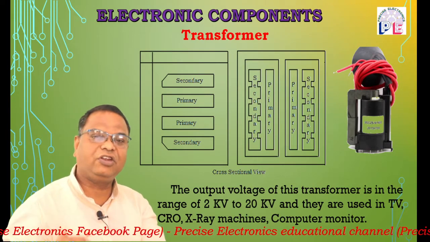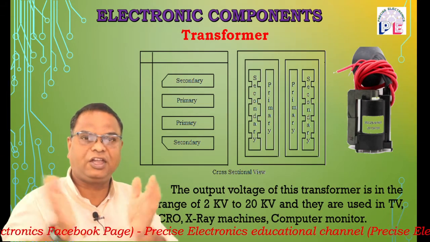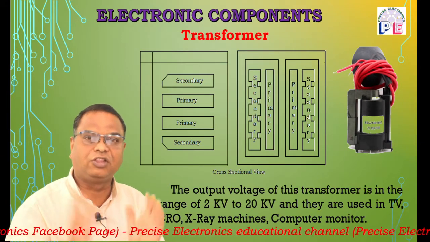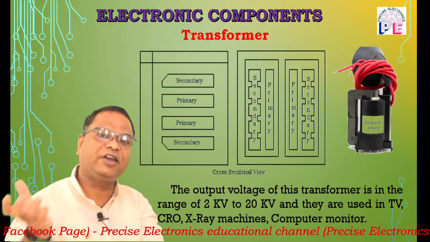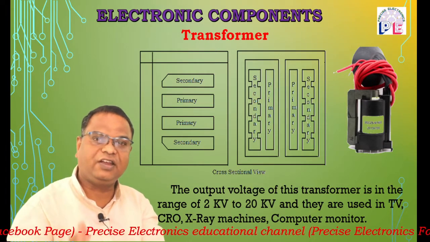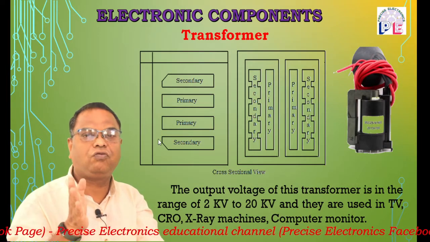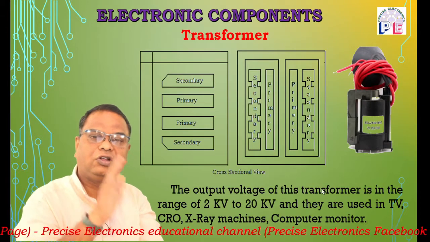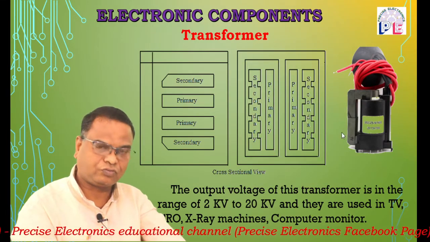In a television, the extra high tension transformer is connected to the CRT, the picture tube of the television. In a cathode ray oscilloscope, it is connected to the CRT. That CRT and television tube require a very high potential in the range of 5 to 10 kV. That is the EHT, extra high tension transformer.